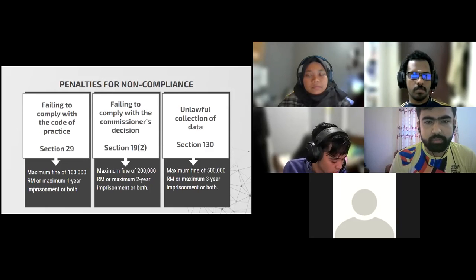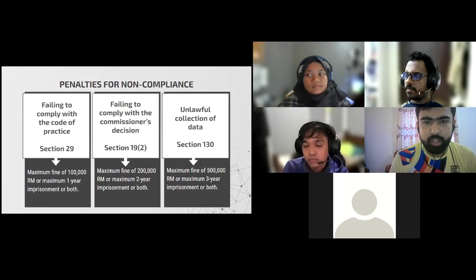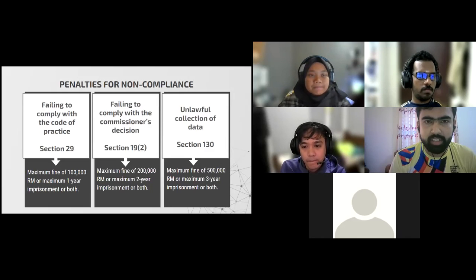If we move to the next law, it's under Section 19, subsection 2. It says if we fail to comply with the commissioner's decision. This refers to the case where a data subject is not satisfied with the data processing, so he can give us written notice and we can choose to comply or not comply and show our reason.